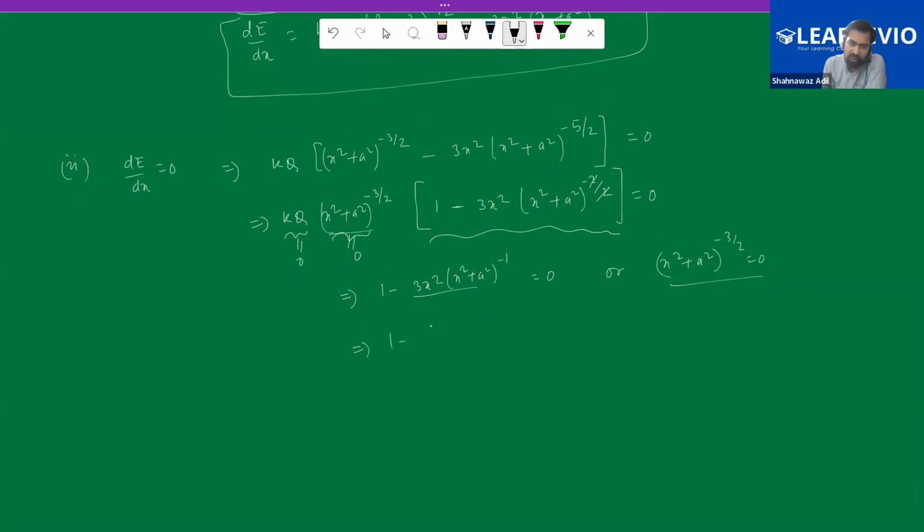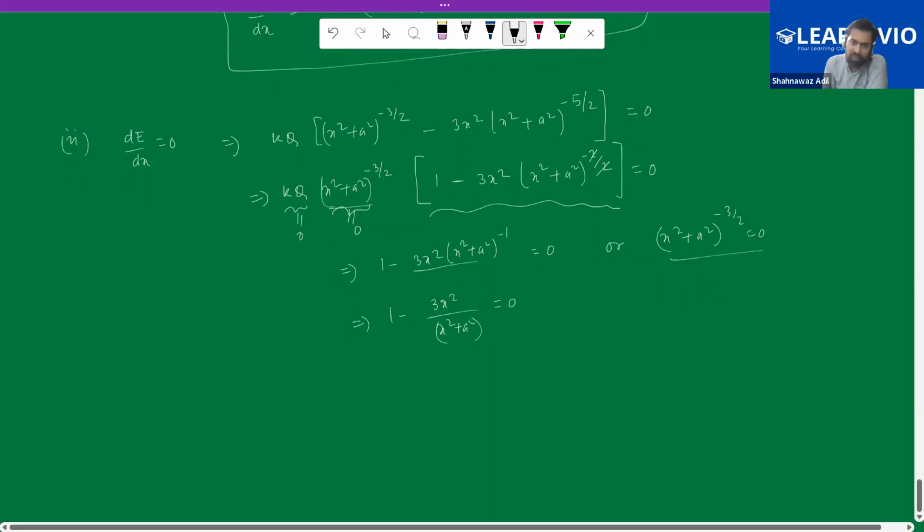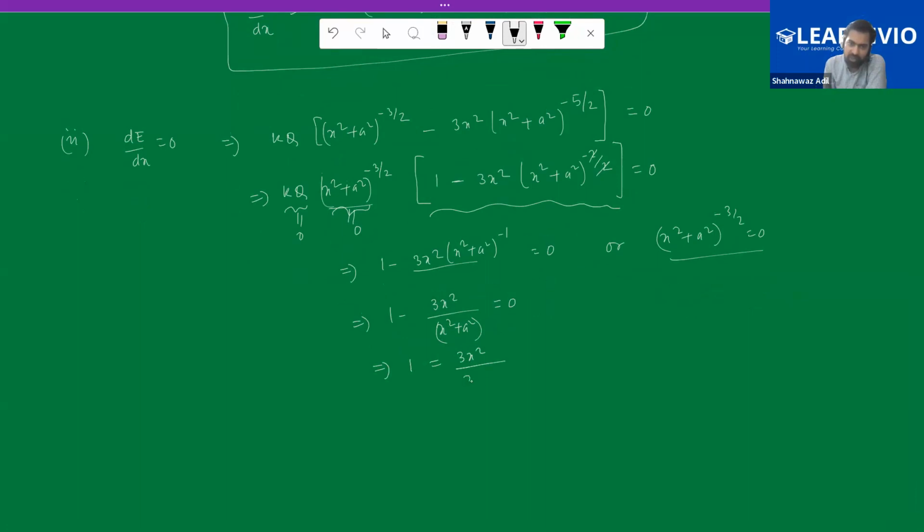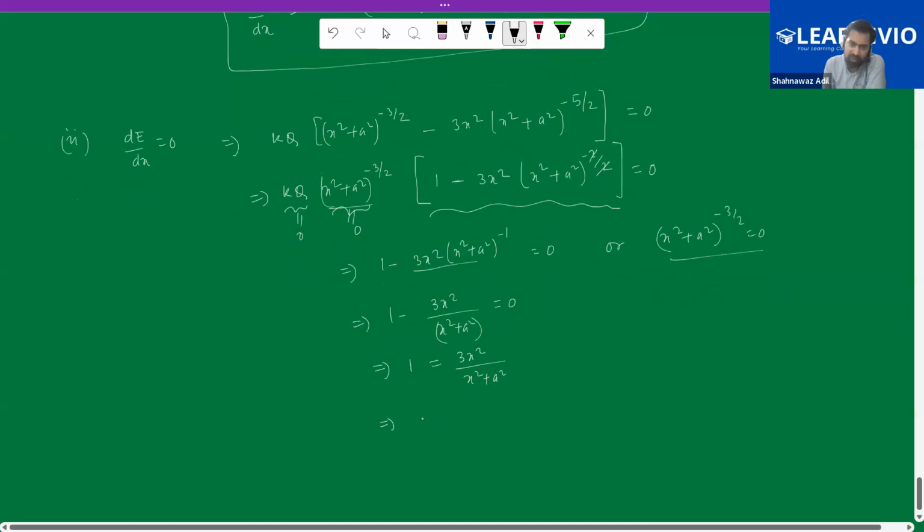So this is (1 minus 3x²) divided by (x² + a²) equals 0. So we take this thing to the other side, right? 1 equals 3x² over (x² + a²). We take cross multiplication. So x² + a² is 3x².